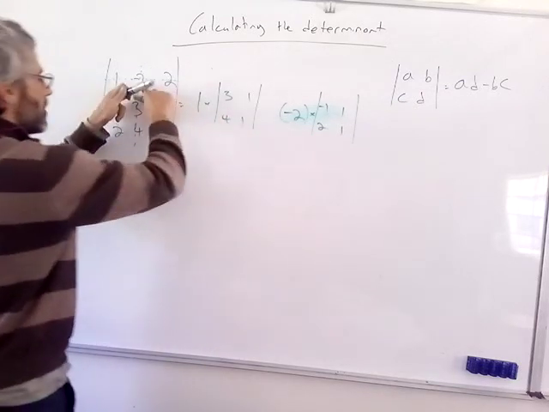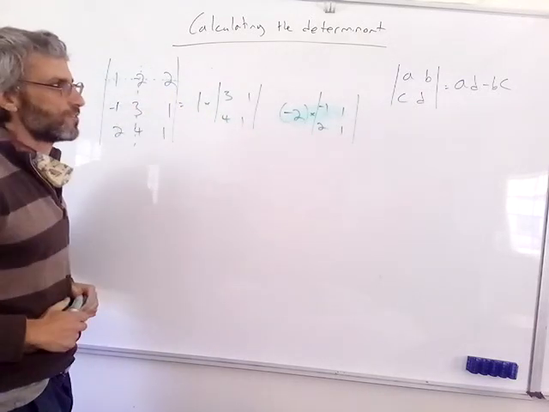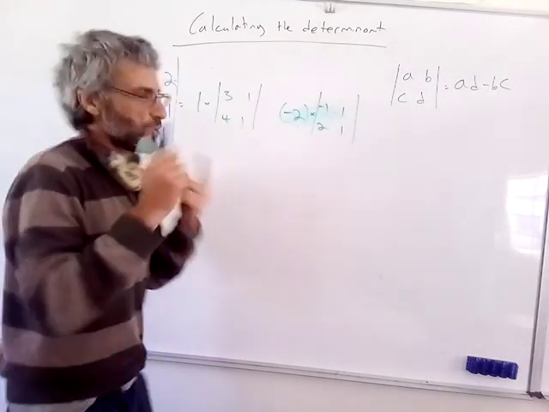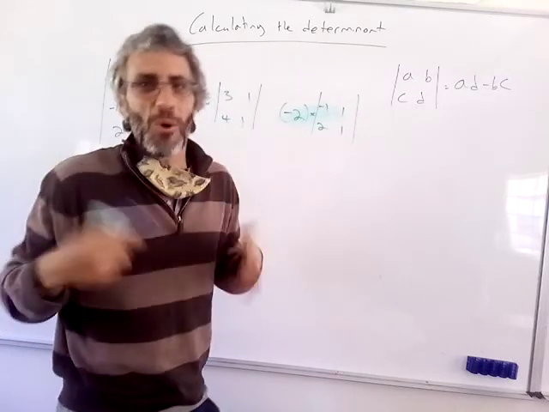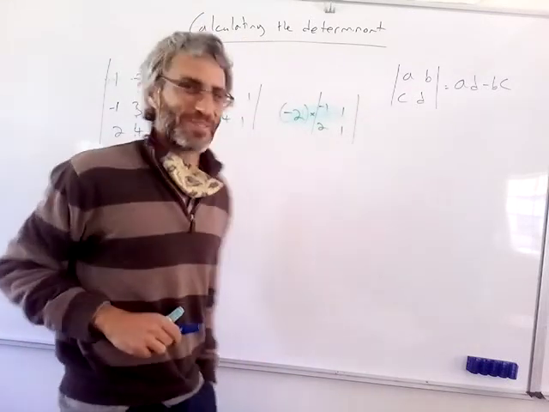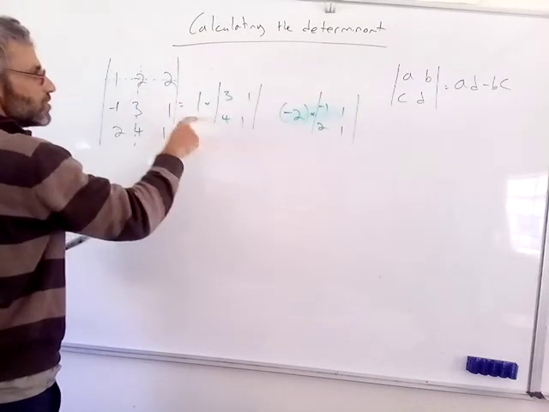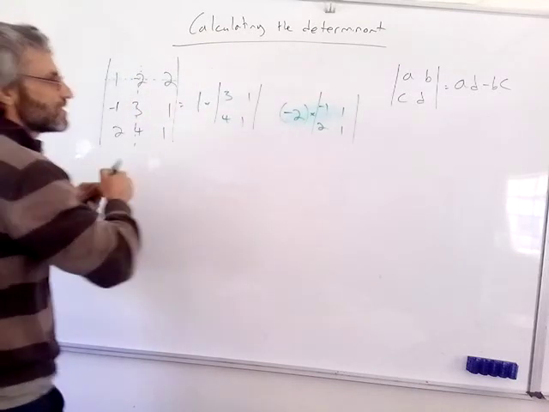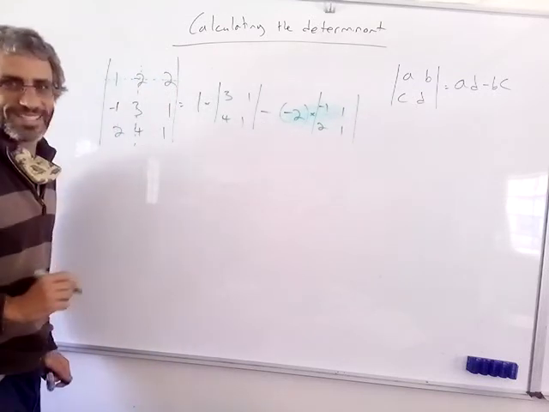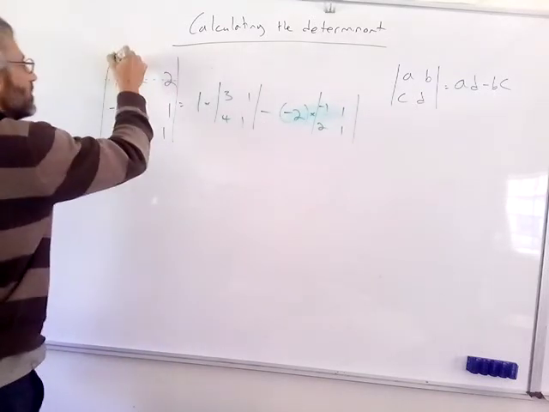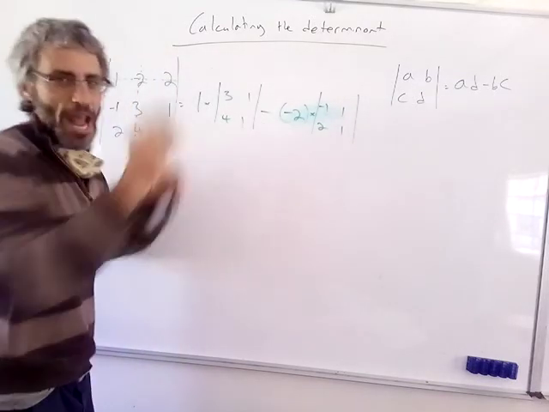Now I'm going to multiply minus 2 by the determinant of the leftover matrix. But because we always want to make things a little bit more confusing for you, I'm sorry, if this was just that times that, for the second element I need to put a minus.